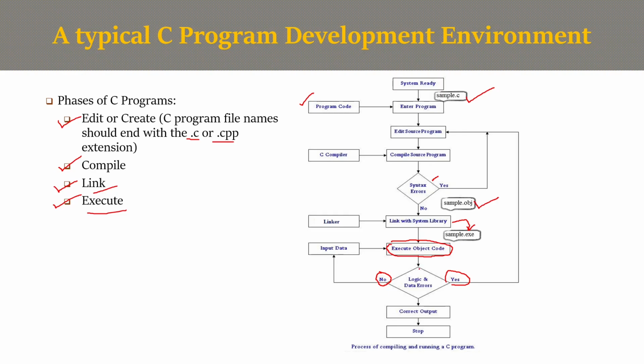If it has any logical or data errors, then we have to go back to edit the source program. If it doesn't, then we can give some input to it, get the correct output, and finally we can stop. So this is the process of compiling and running a C program.